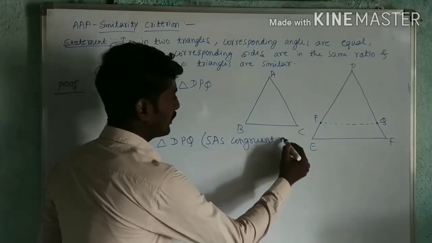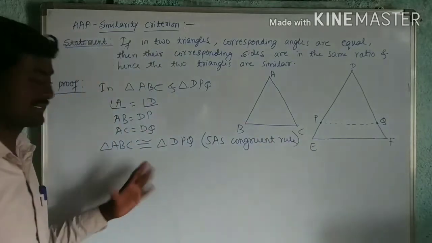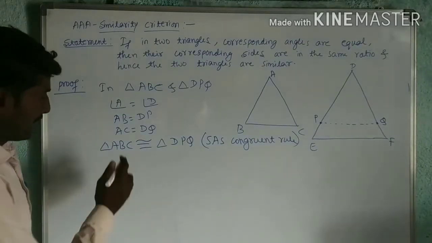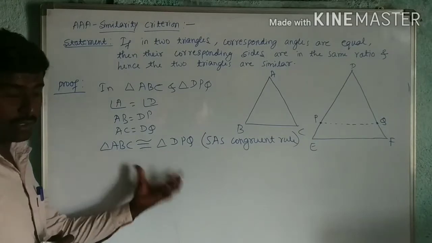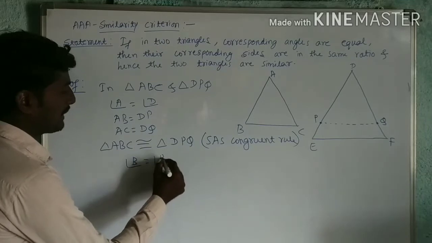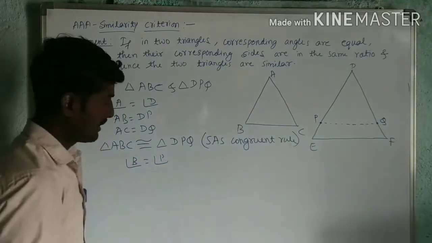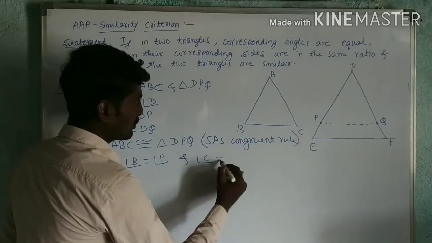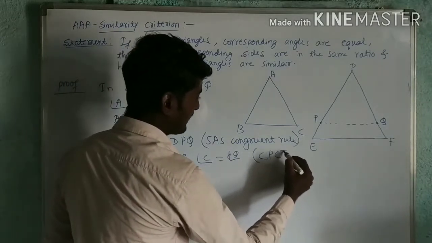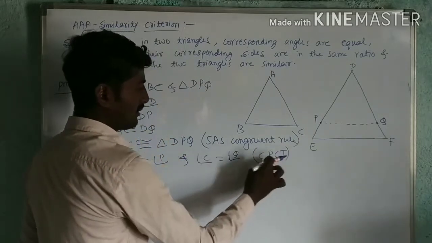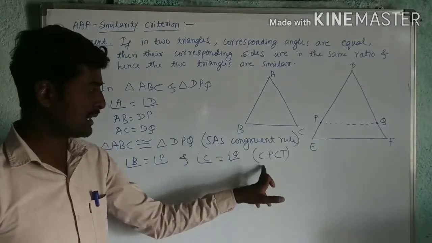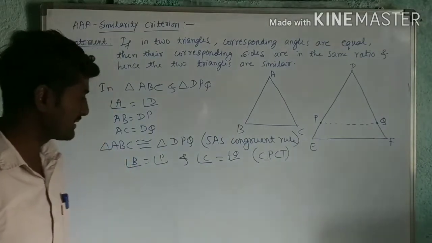Now by CPCT, if these 2 triangles are congruent, I can write angle B is equal to angle P, and angle C is equal to angle Q. So this is by CPCT, corresponding parts of congruent triangles.